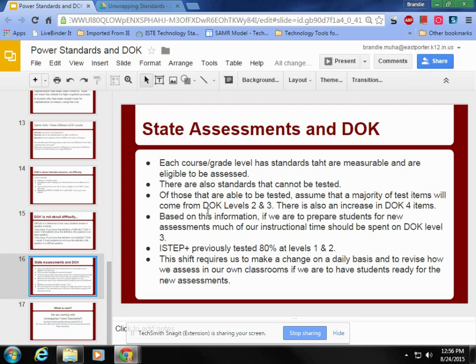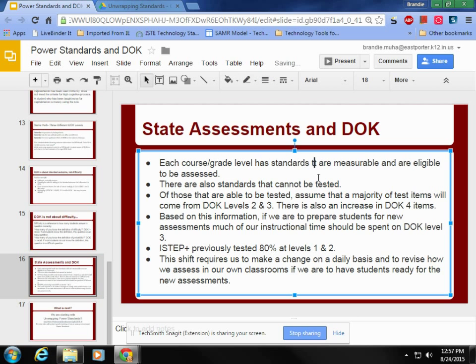So when I'm thinking about depth of knowledge and how it relates to state assessments and why I need to know this, it's important for us to consider depth of knowledge when we are unwrapping our standards for the fact that we need to know what task our students are going to be required to do. So every course and every grade level has standards that are measurable, and they also have standards that are eligible to be assessed.